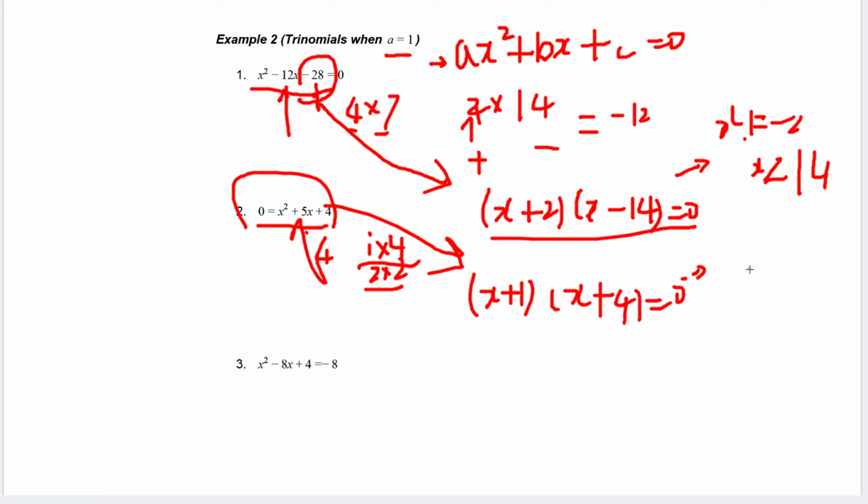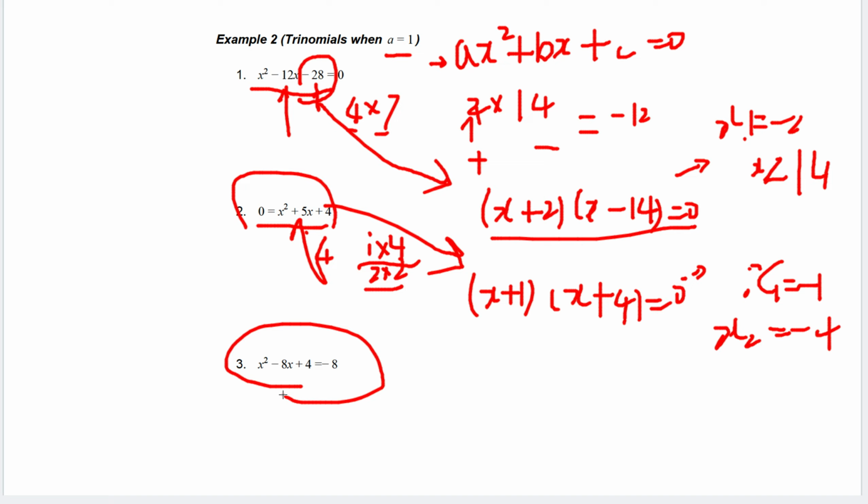And here we get x1 equals negative 1 and x2 is negative 4. The last one I leave to you to try. I will give you about 5 minutes to discuss this part and use factoring to get the solution.